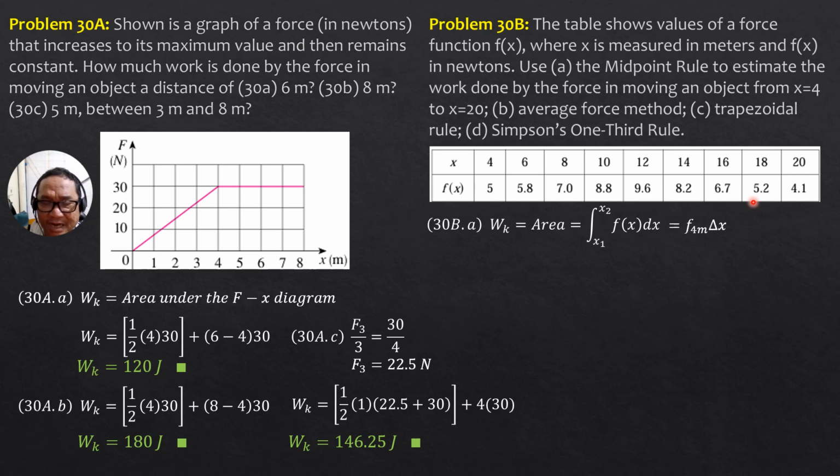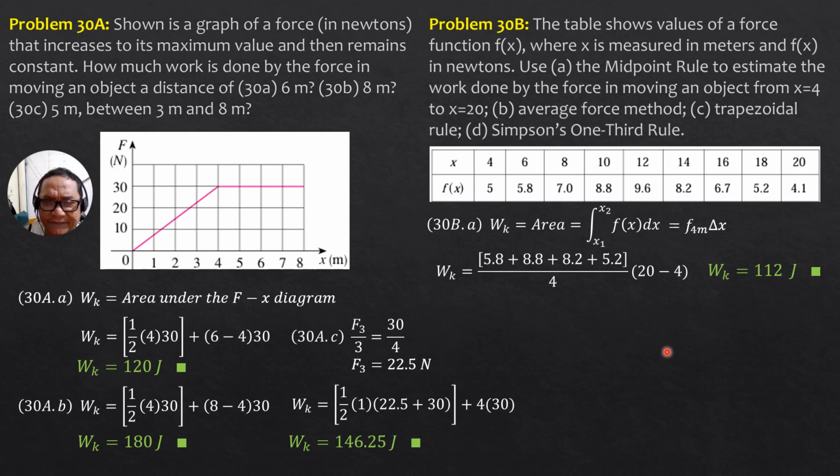There are 4 midpoints, so divided by 4. So work is 5.8 plus 8.8 plus 8.2 plus 5.2, these are the 4 midpoints, divided by 4 times delta x, which is 20 minus 4. So work is equal to 112 joules.